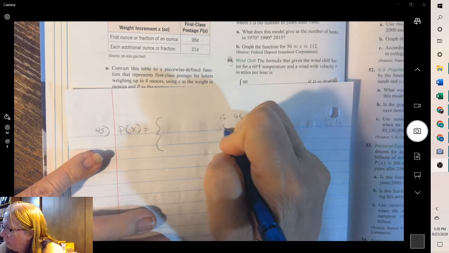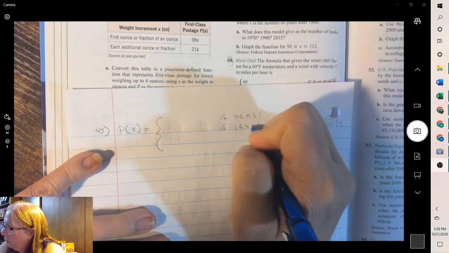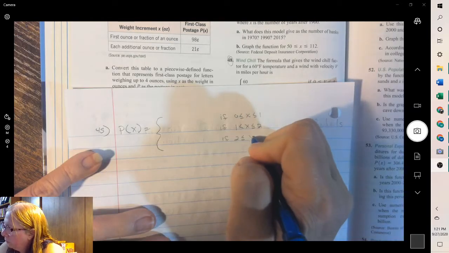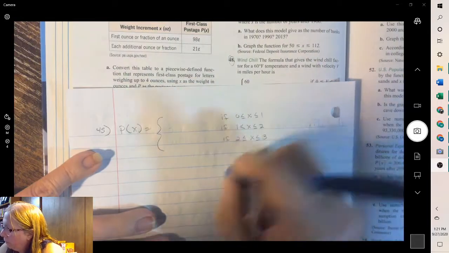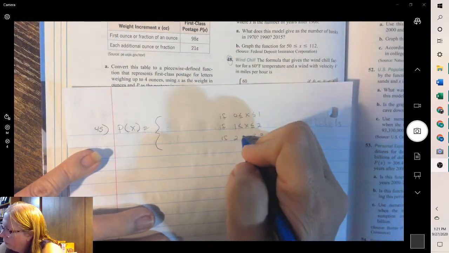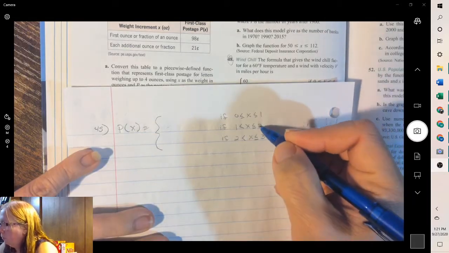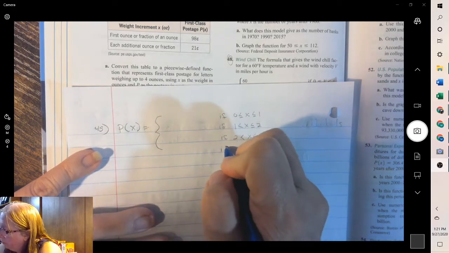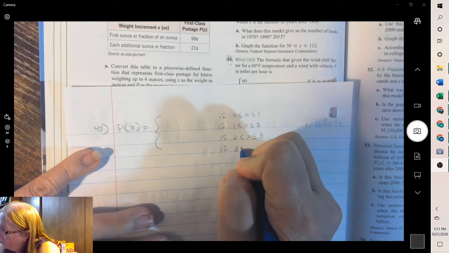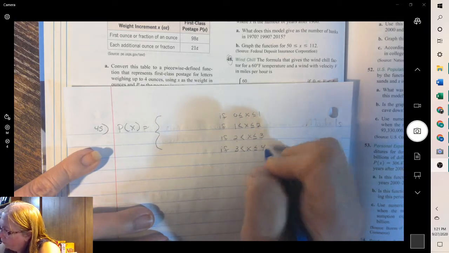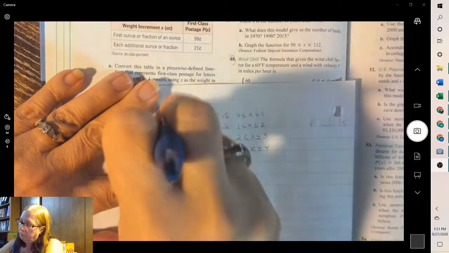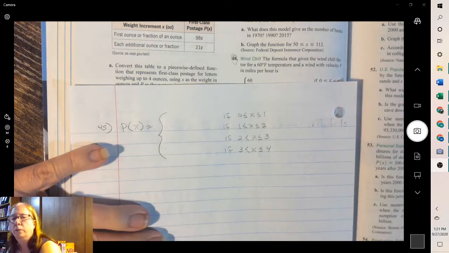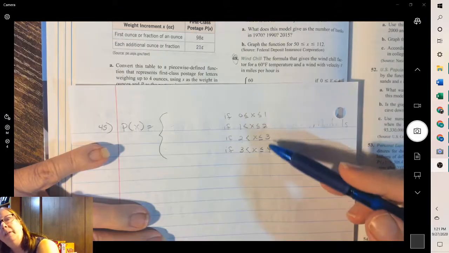And then we're going from 1 to 2. To 3. Each additional ounce is included in this one. Once you go over that ounce, then you pay the next fee. And so that would be your if parts to find out which value to use.